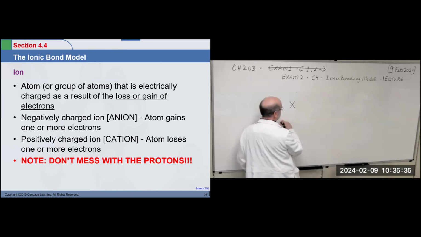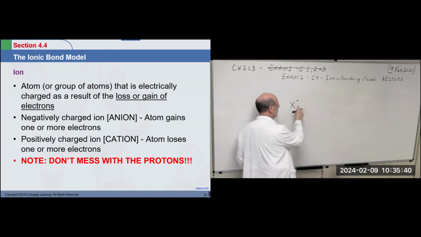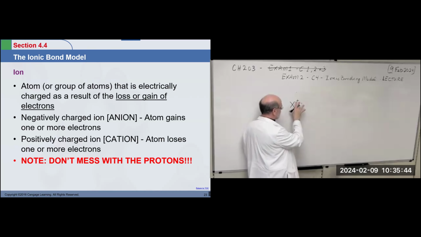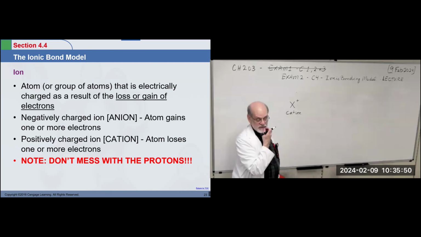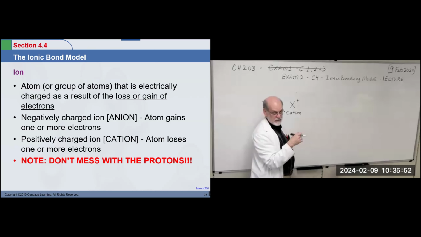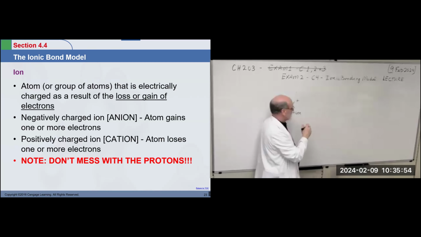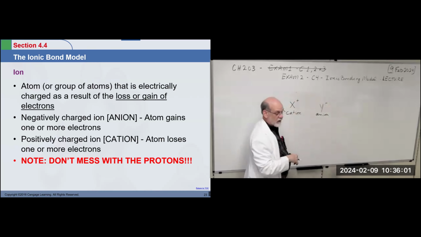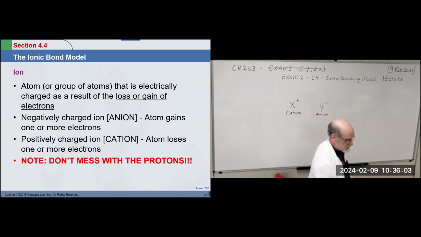So if we have a simple element with a charge, remember that position is reserved for charge, then this is a cation. It can have a multiple charge: 2+, 3+, 4+. That's just an example. And the anion would be the negative, and it also can have multiple negative charges.